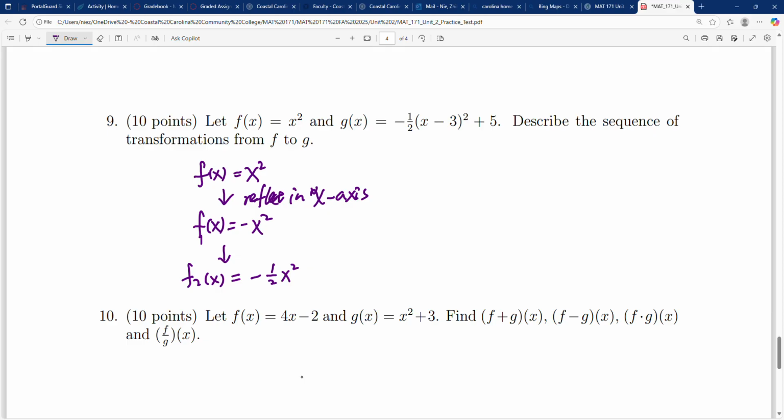So this one is a vertical shrink. So you shrink vertically by 1/2 or by 2, by 1/2.